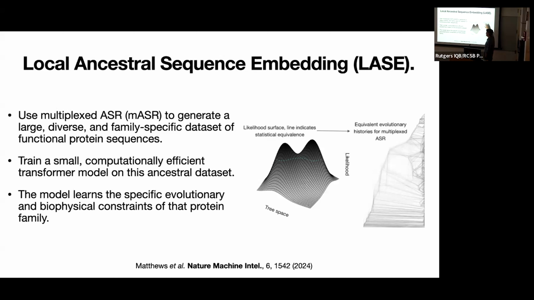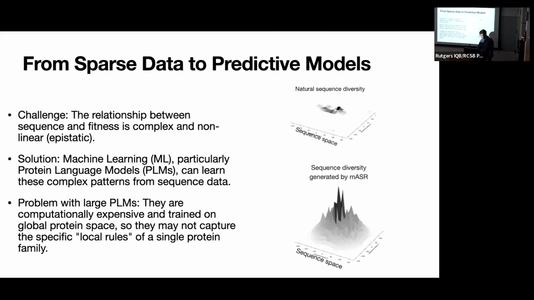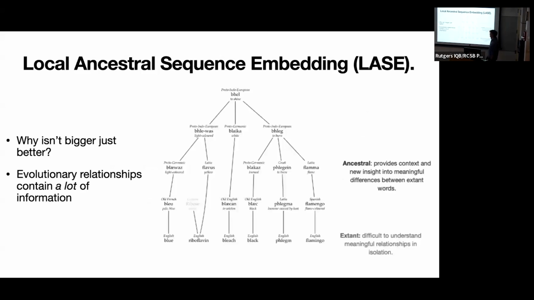So you can make hundreds of trees, and that allows you to generate thousands of ancestral sequences. Then you can make a much deeper language model around your protein, which it can learn from, because the nature of the data, and we'll show this, is also really important.